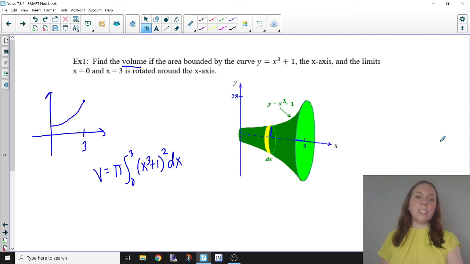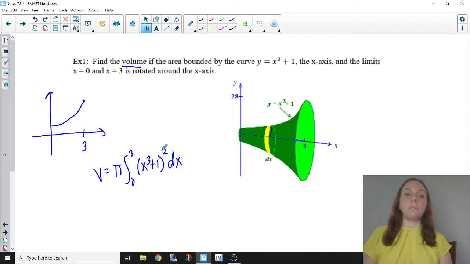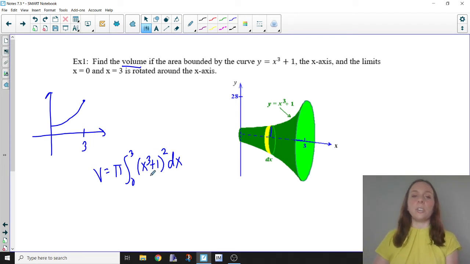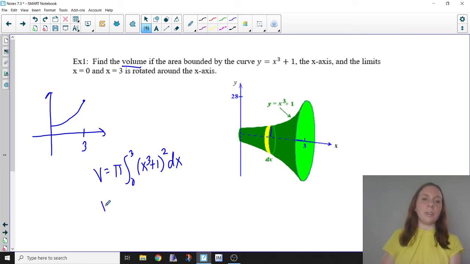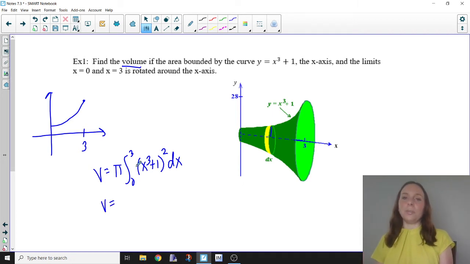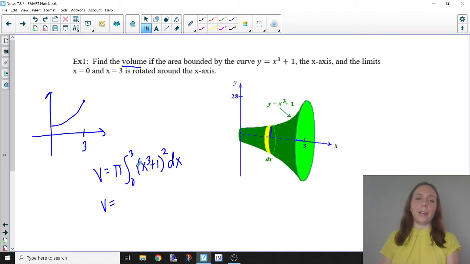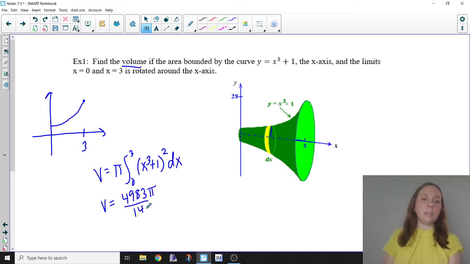And just to save some time, if we were to do this by hand, we should probably expand. We definitely should expand x cubed plus 1 squared, and then go for an antiderivative. But I'm just going to skip all of that and tell you that the final answer here, whether you're going to do it by hand or by a calculator, is 4,983 pi over 14.